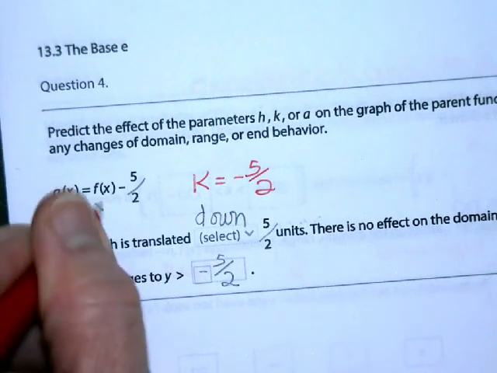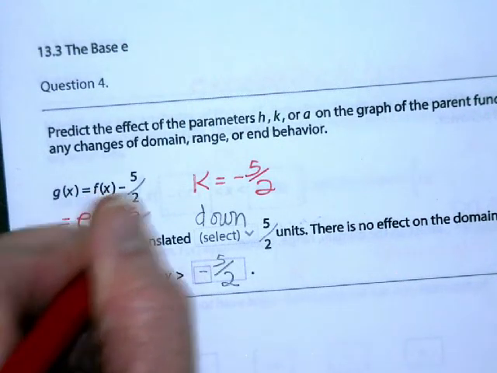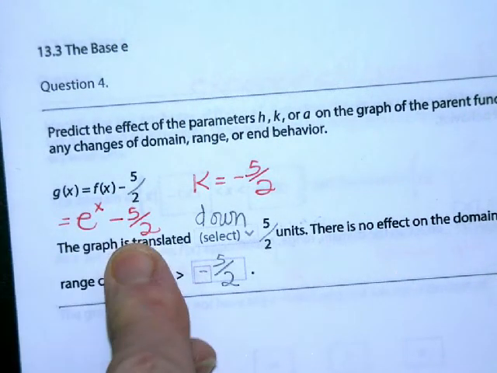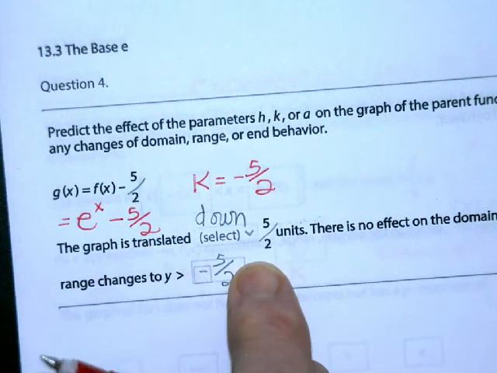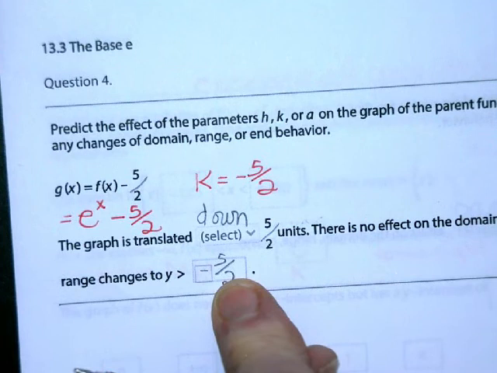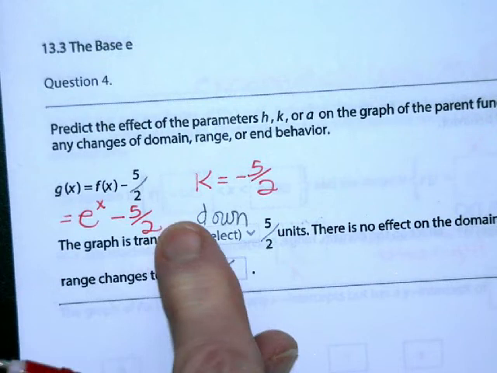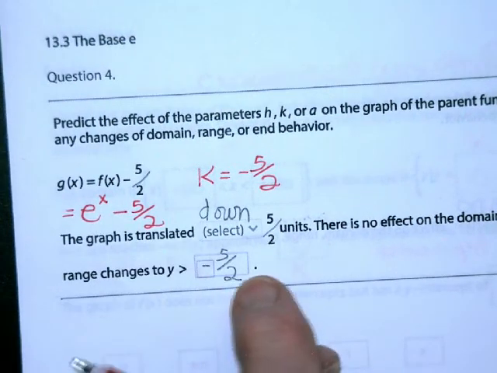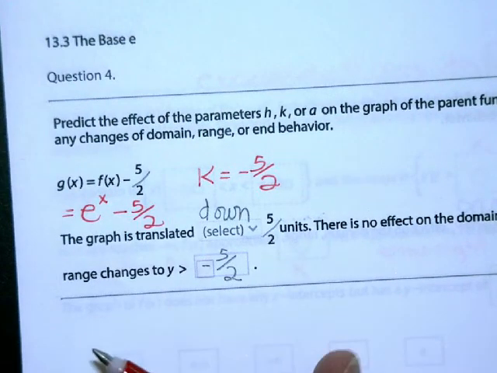If I rewrote this using the function of e to the x, this really is e to the x minus 5/2 outside. So it goes down 5/2, but then that means the asymptote changes, and so the range of this function changes because it approaches, instead of 0, a negative 5/2.